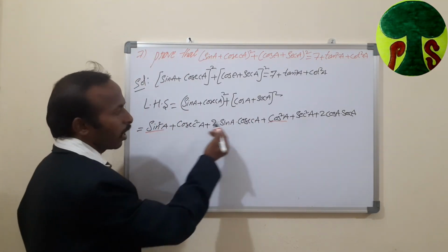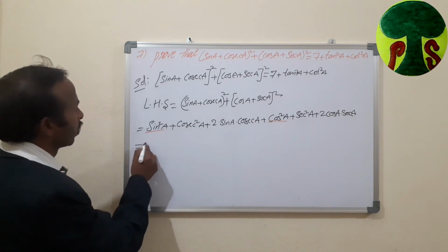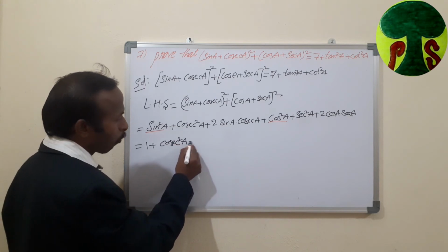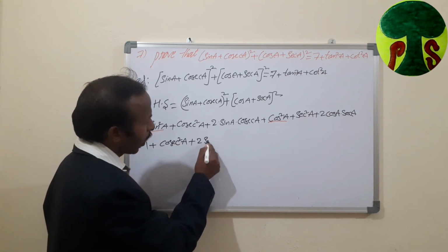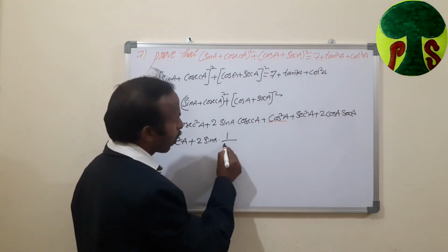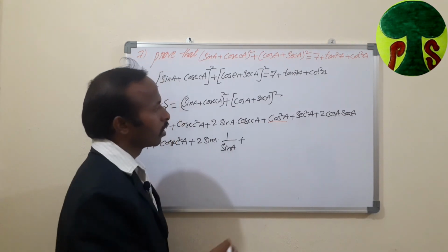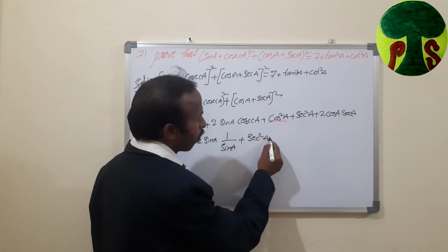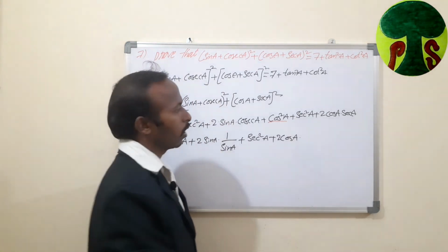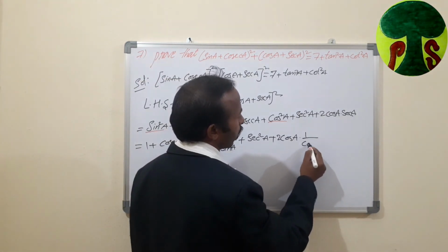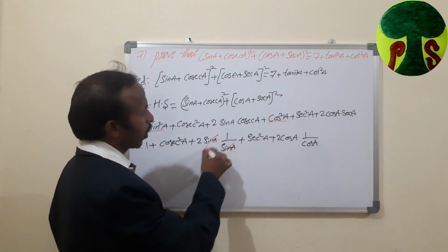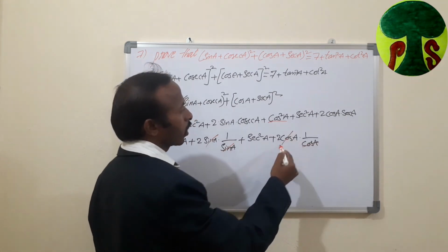Now sin square A plus cos square A is 1, plus cosecant square A, plus 2 sin A into cosecant A, we can express as 1 by sin A, plus secant square A, plus 2 cos A into secant A, we can express as 1 by cos A. If you observe in this equation, sin A gets cancelled, cos A gets cancelled.